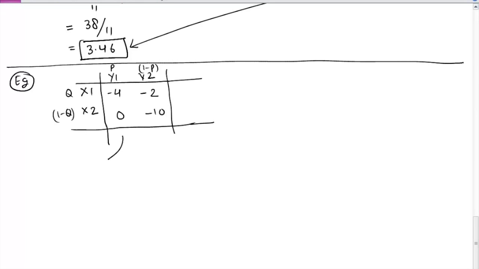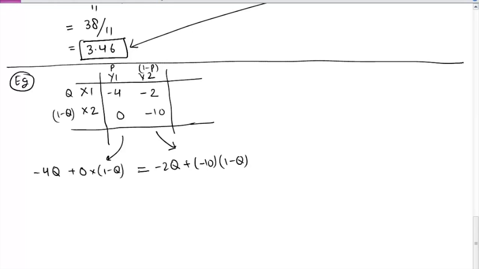So if you calculate this value here, negative 4q and 0 times 1 minus q is equal. We can equate it to the value here, which is negative 2q plus negative 10 times 1 minus q.